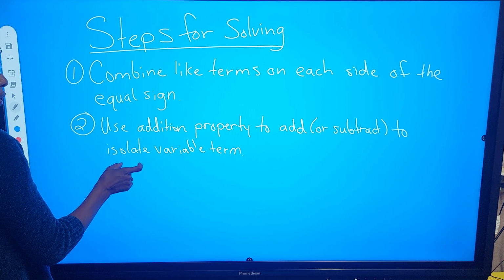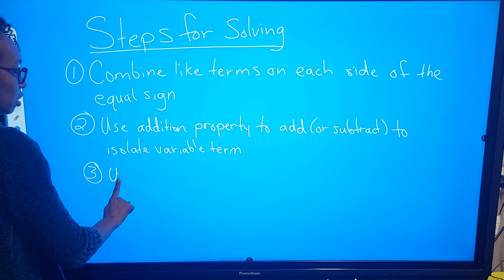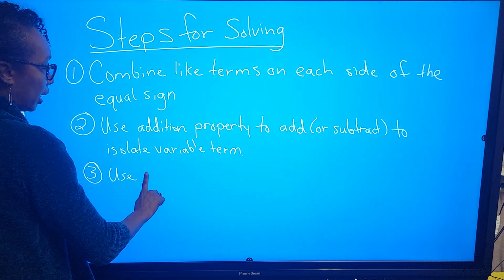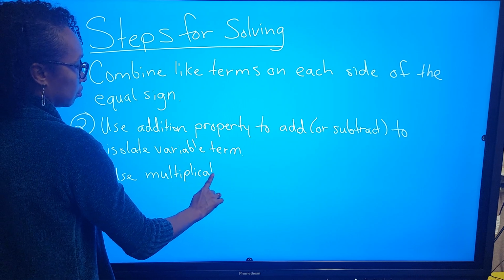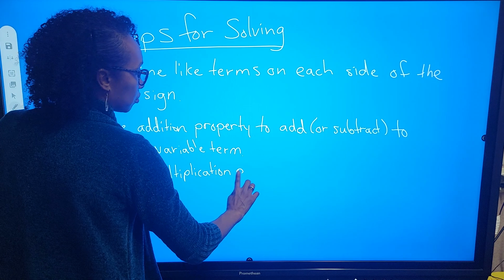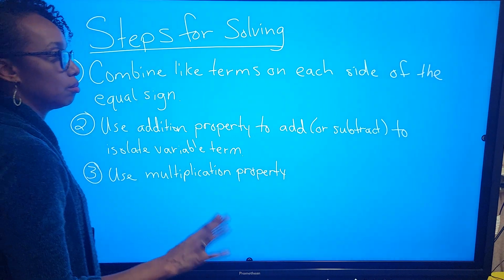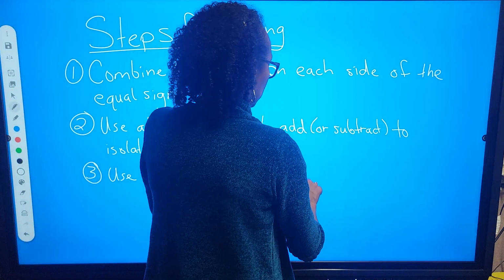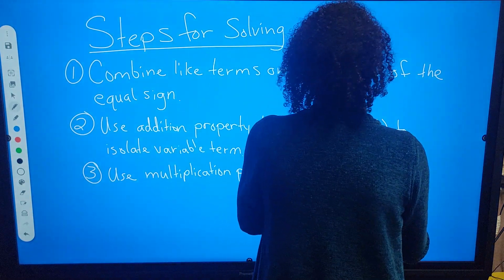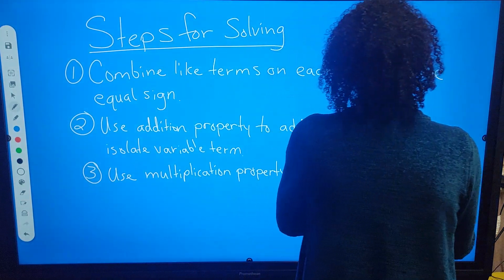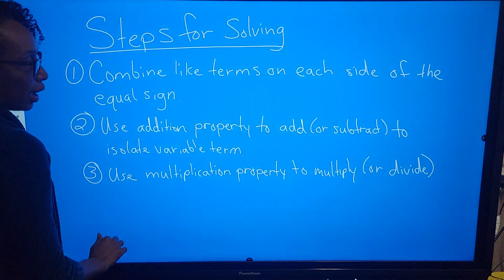Once I've got the variable term on one side equal to some number, then step 3, we're going to use the multiplication property of equality. All right, and we said that property also covers multiplying and dividing. To multiply or divide, to isolate the variable.